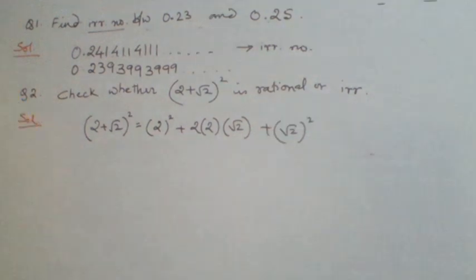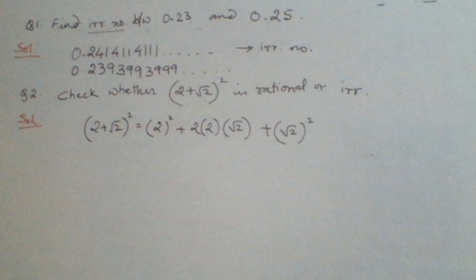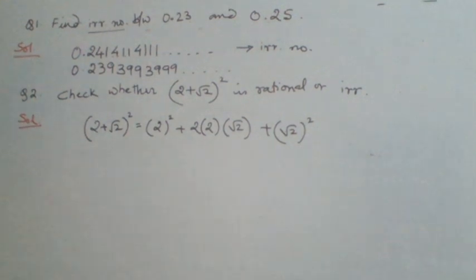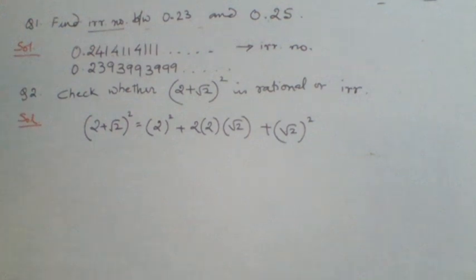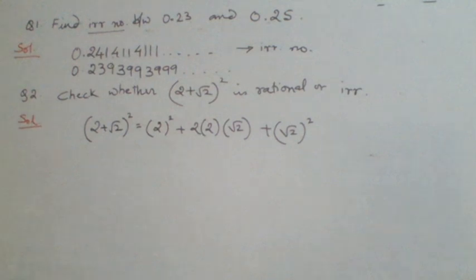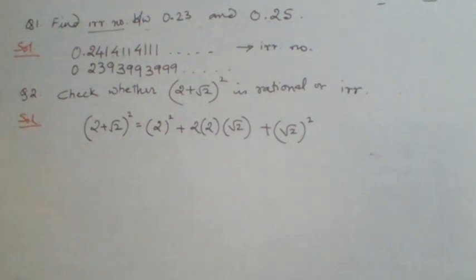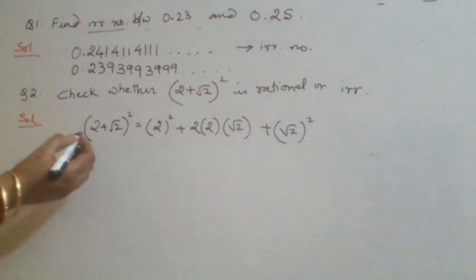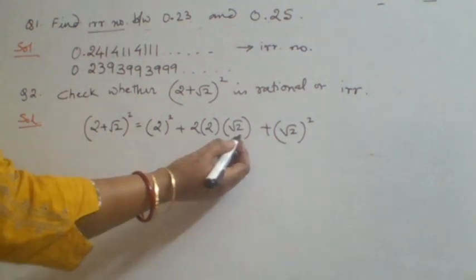That is, 2 square plus twice a into b plus b square.